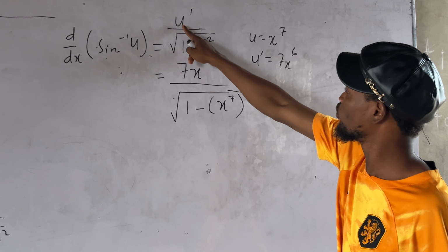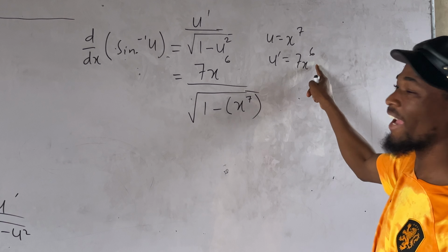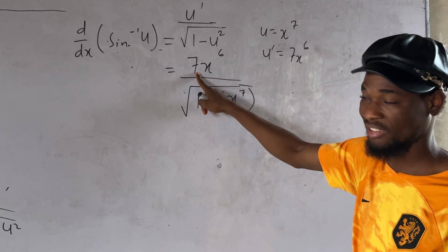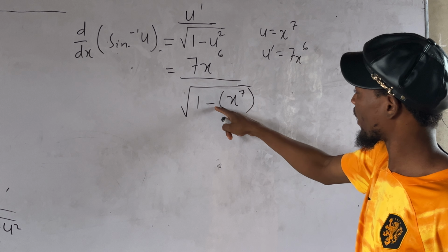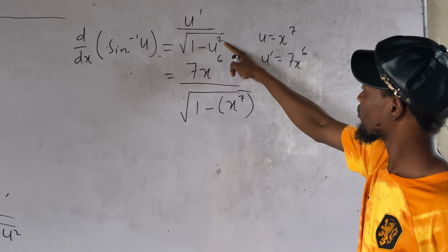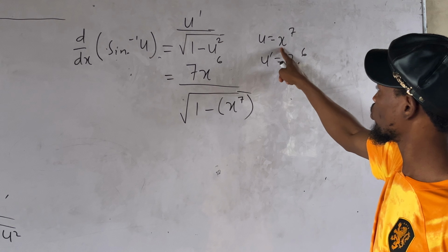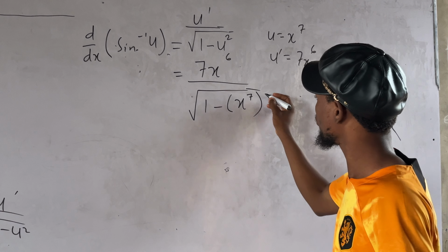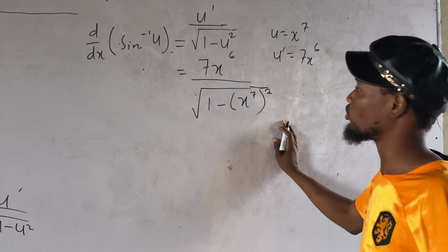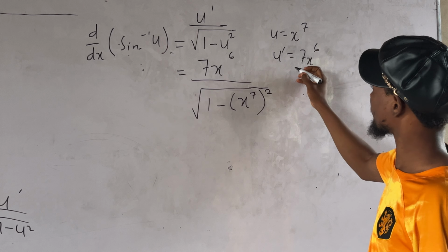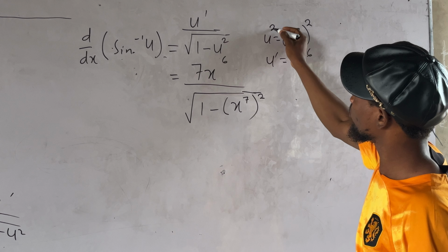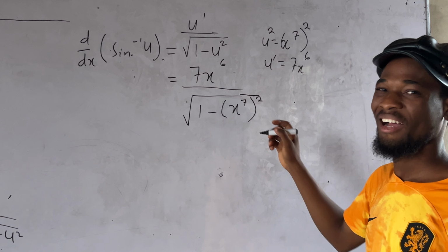So whenever you see u prime, you put 7x to the power 6, which we've done over here perfectly. Then you have 1 minus u squared. This is your u, x to the power 7, but because we are squaring u, you also square this. So this becomes x to the power 7, squared.